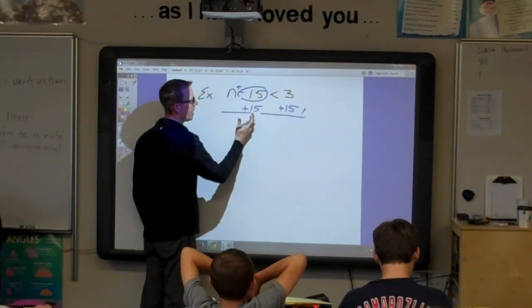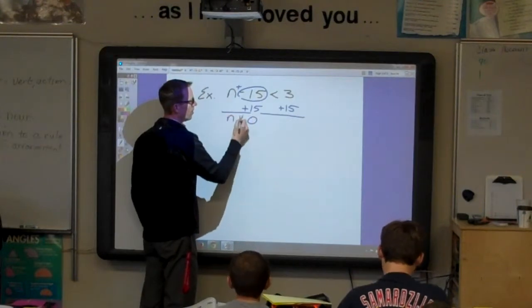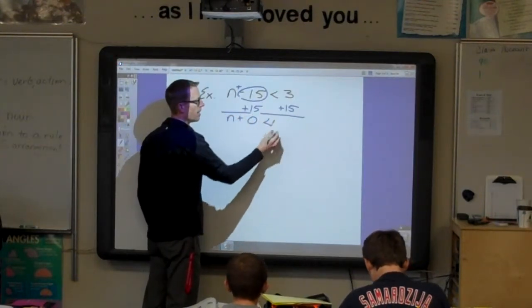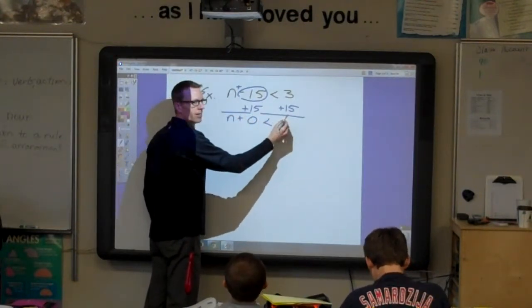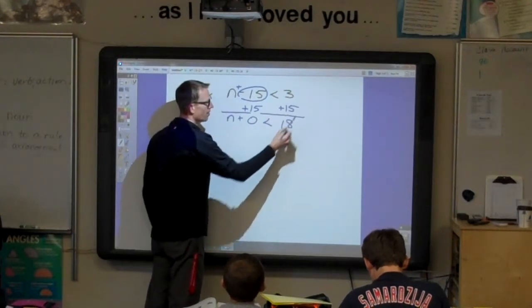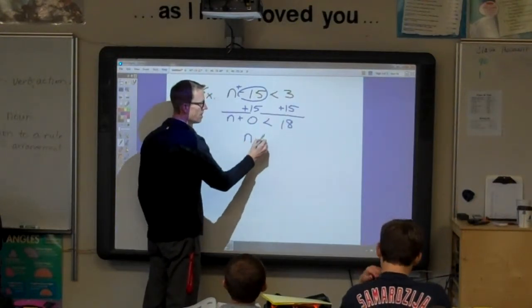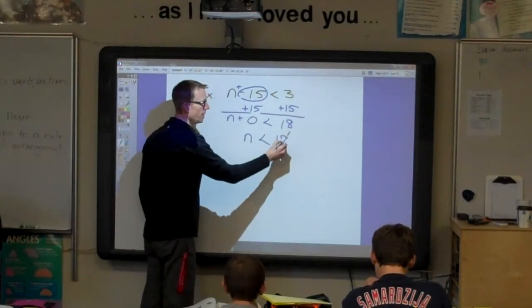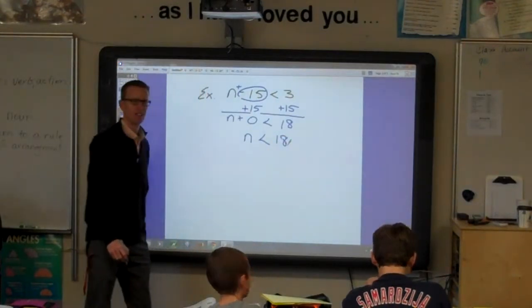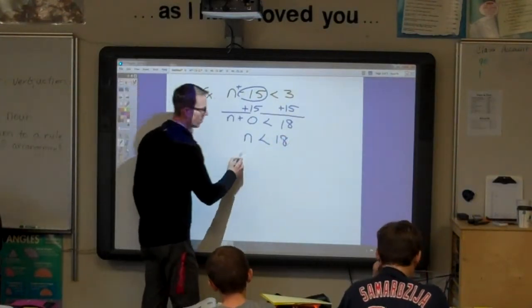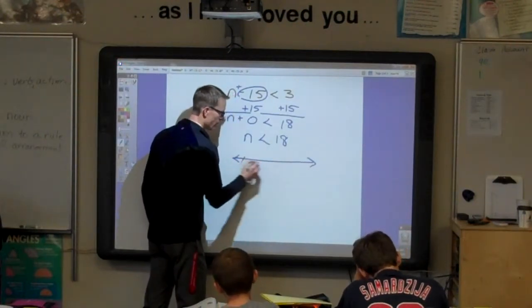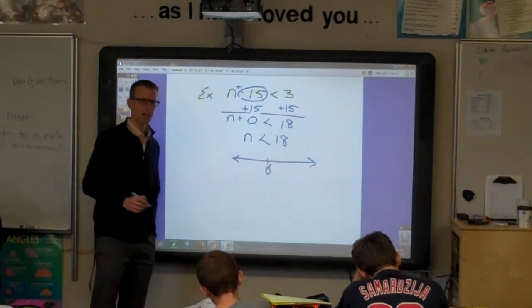Now on this side we have 0. N plus 0 is less than what? 18. That means that N is less than 18. Now we can graph this. Draw a number line. What kind of dot should we use?